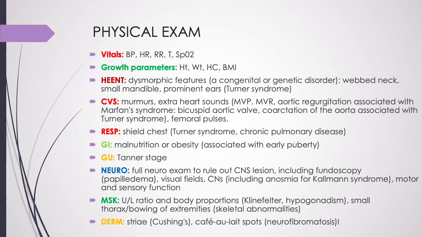Then you have to examine the nervous system to rule out any CNS lesion, and do fundoscopy to rule out papilledema. In the MSK, we have to measure the upper limb to the lower limb to rule out Klinefelter, Marfan. And in the skin, we have to look for striae, which can be seen in Cushing, and café-au-lait spots in neurofibromatosis.